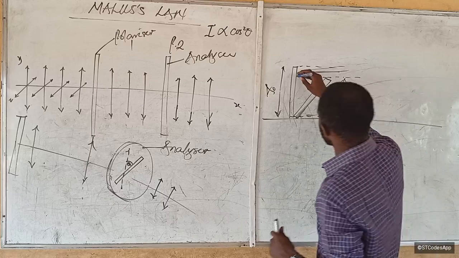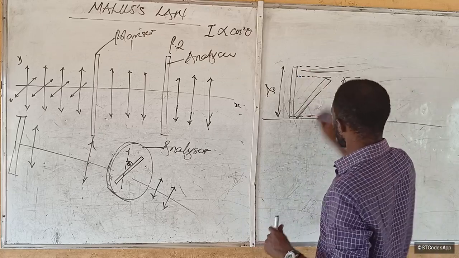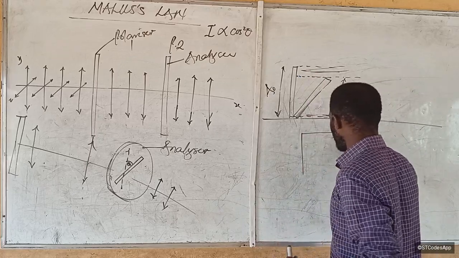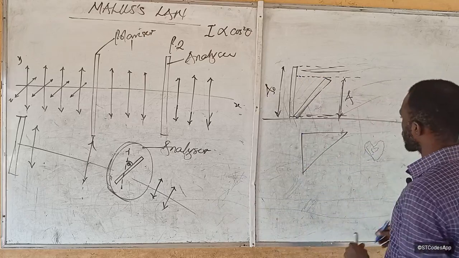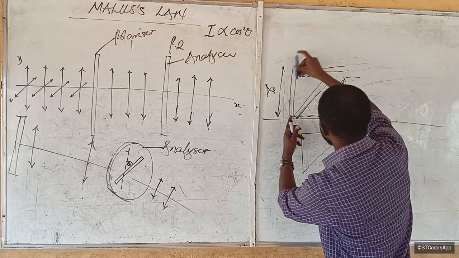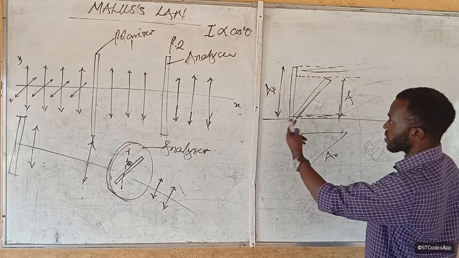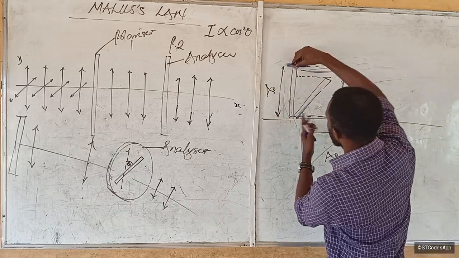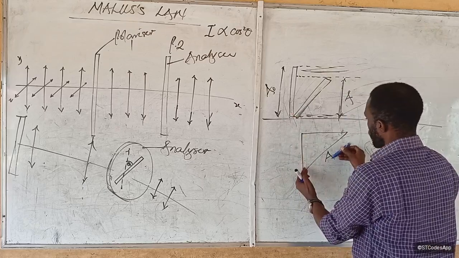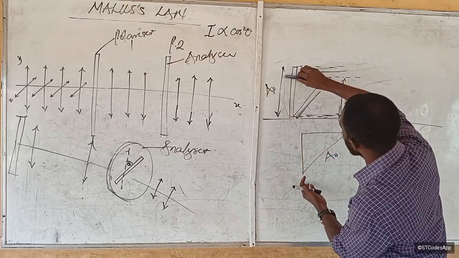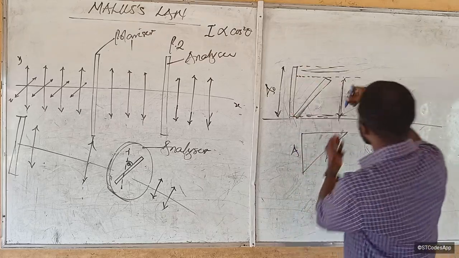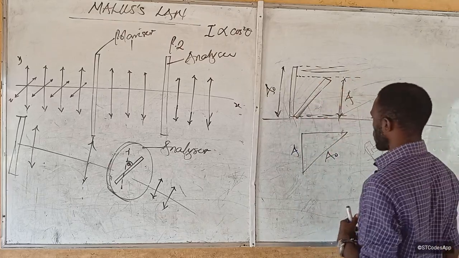Mathematically speaking, let's bring out the mathematics here. You see that we have a triangle here, isn't it? So this length from here to here was what we rotated, so from here to here is still amplitude A0. Does that make sense? Amplitude A0 here, we rotated it and it came here. Then from here to here is going to be our new amplitude. Alright.